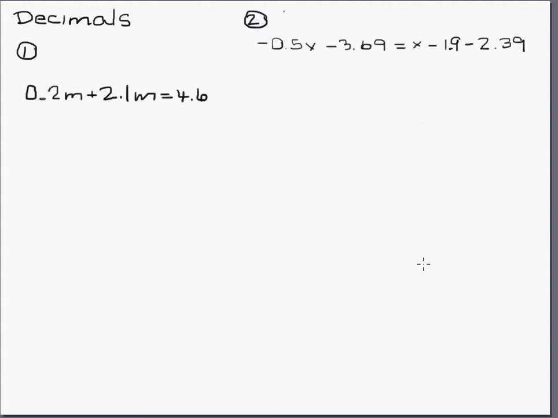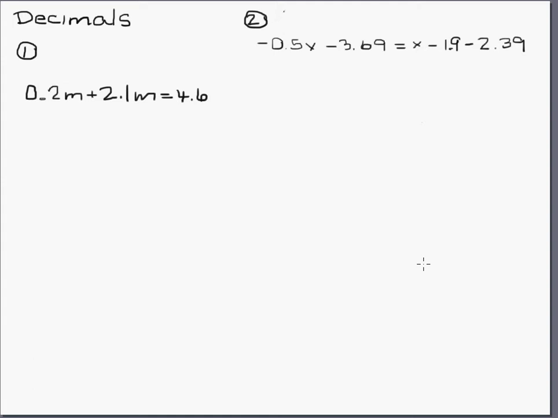So anyway, let's look at our first equation, 0.2m plus 2.1m is 4.6. We have three values with decimals to the tenths place. So what would be more convenient for us is if these decimals were actually integers.